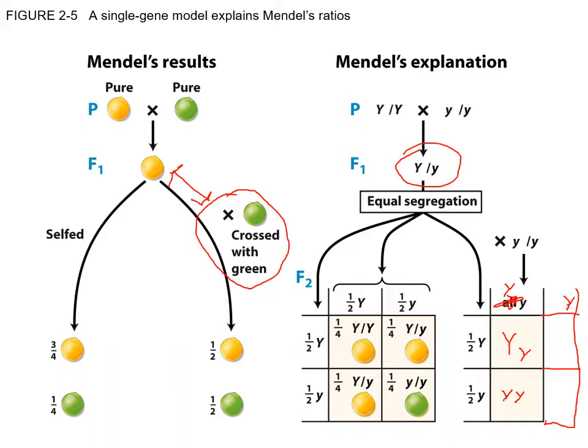Sorry, my pictures aren't that great. Here we have a big Y, little y, and here we have little y, little y. So you get a 50% chance, this is 50% to get big Y, little y, and then 50% chance to get little y, little y.